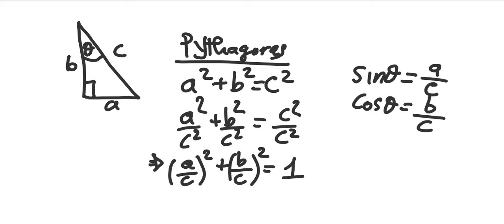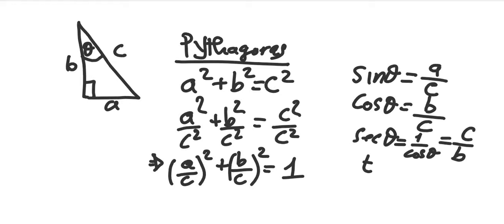I also know that sec theta is equal to 1 over cos theta, and it is equal to C divided by B. I also know that tan theta is equal to my opposite divided by my adjacent. I also know that cot theta will be equal to my adjacent B divided by the opposite.